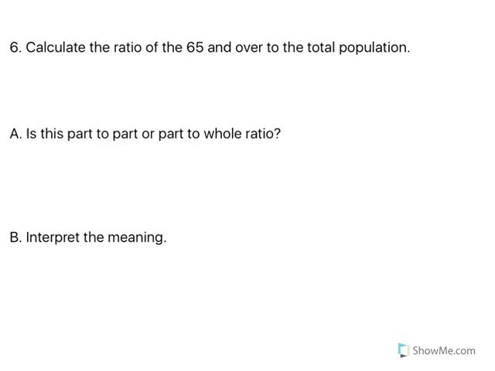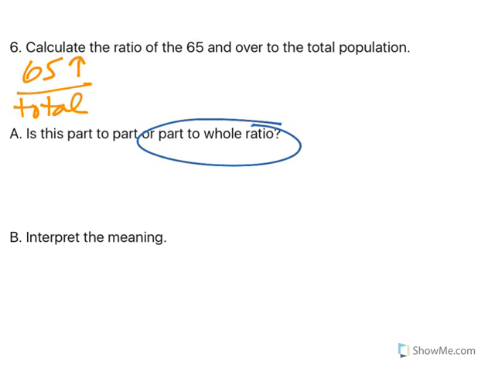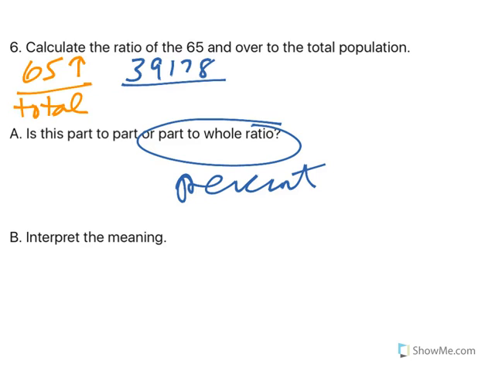All right, next one. Let's calculate the ratio of 65 and over to the total population. And hopefully you're like, ooh, that's a total. That's part to whole. I can write that as a percent. And that's what you want your head to start thinking. When you start seeing ratios that are part to whole, you want to think percent right away. So 65 and over gives me 39,178 over 306,110.